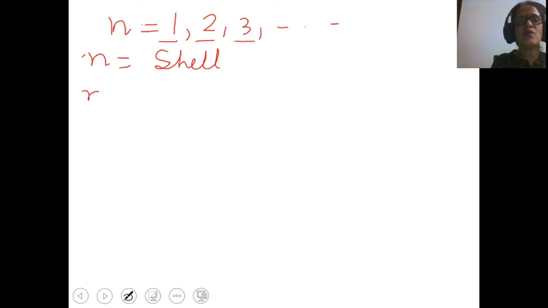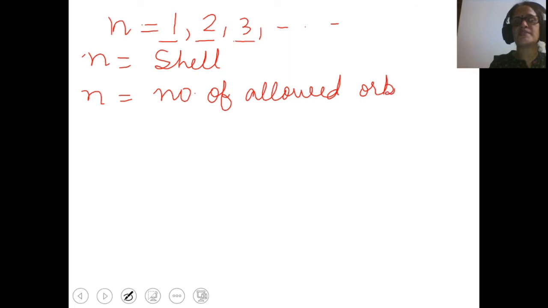And then n also represents the number of allowed orbitals, which can be given by the formula n square. So if n is equal to 1, the allowed orbitals will be equal to 1 square, which means 1.